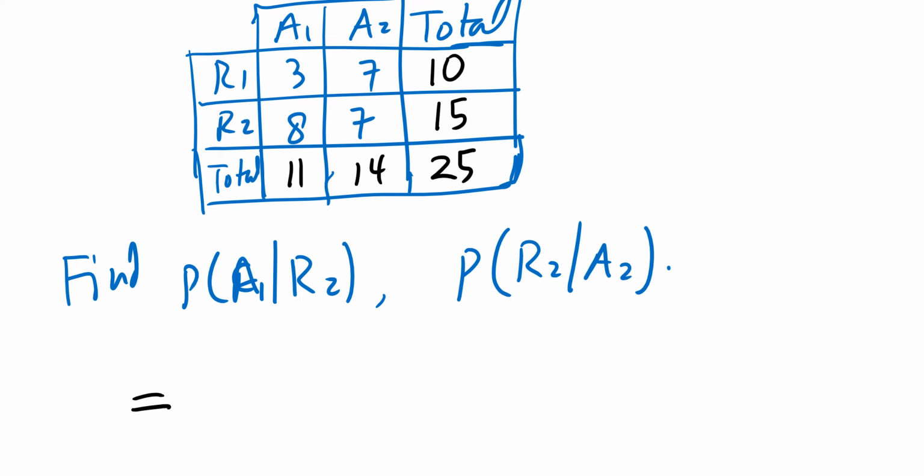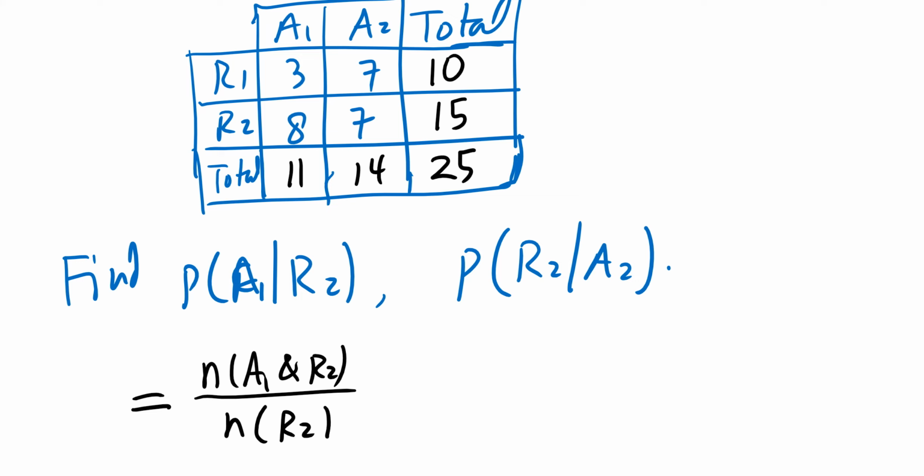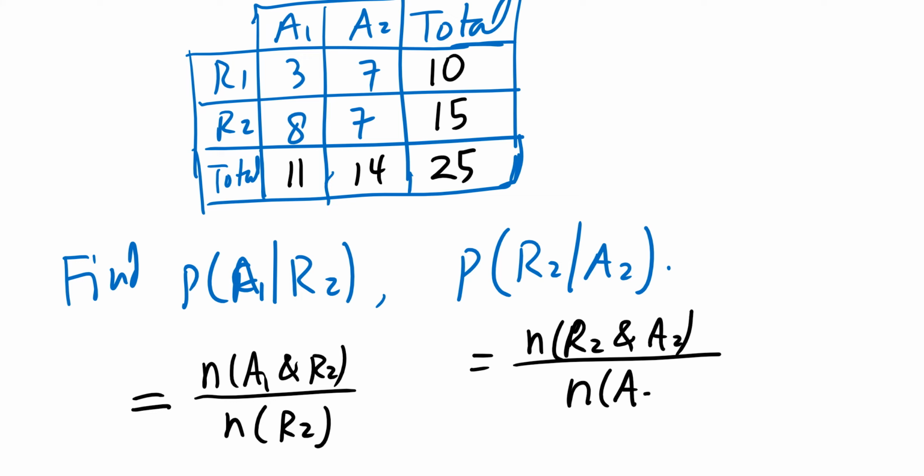Or we can take how many in A1 and R2 divided by how many in R2. Same thing we do here: how many in R2 and A2 divided by how many in A2. Remember, the second one goes in the denominator.